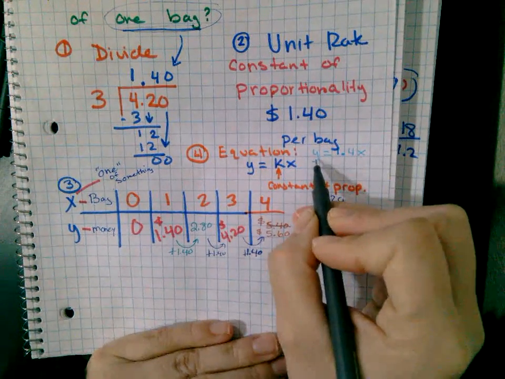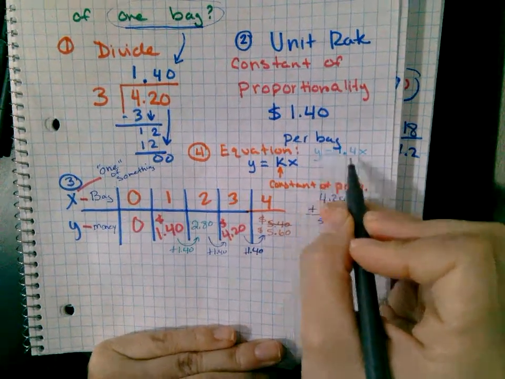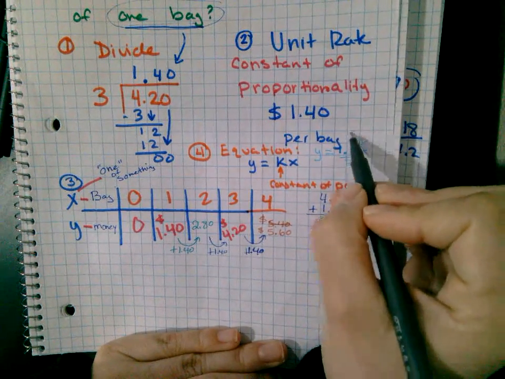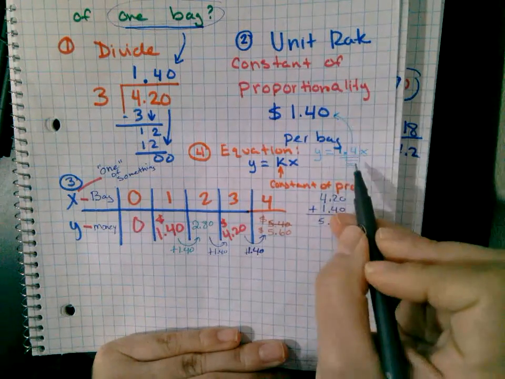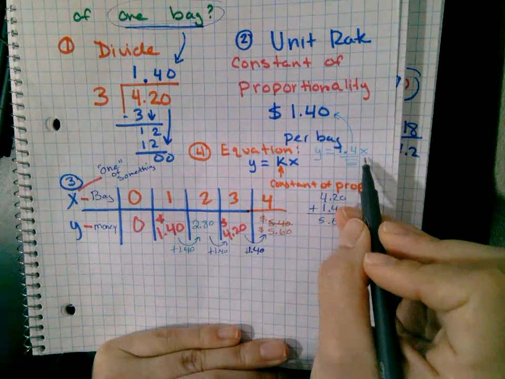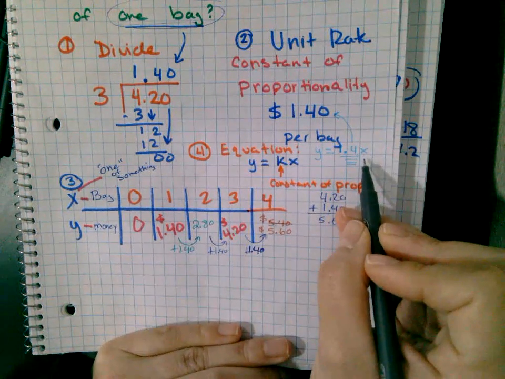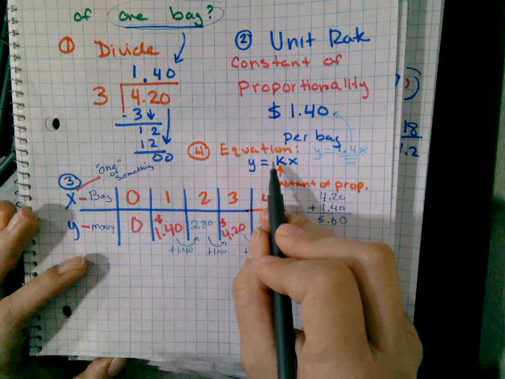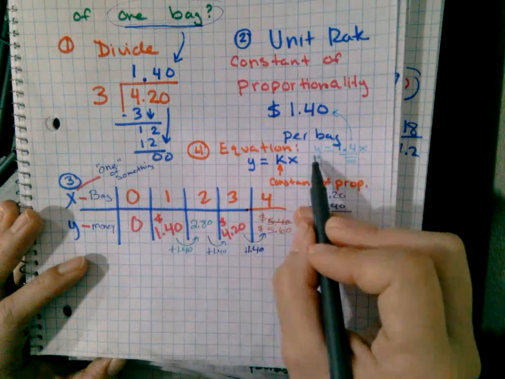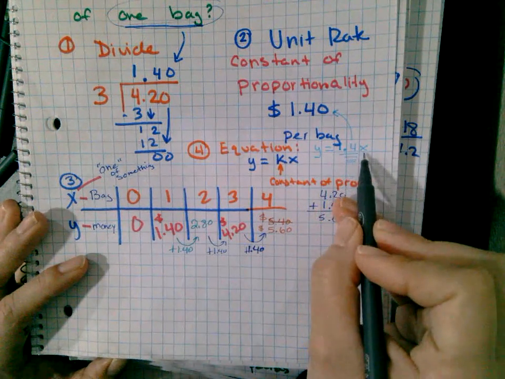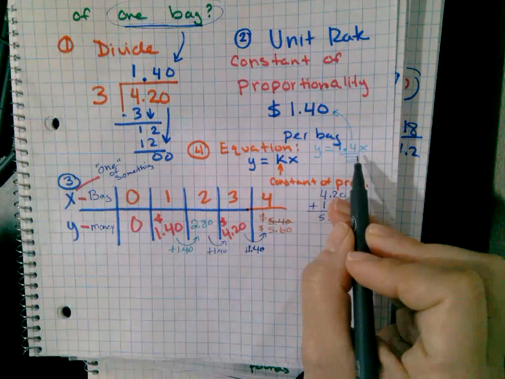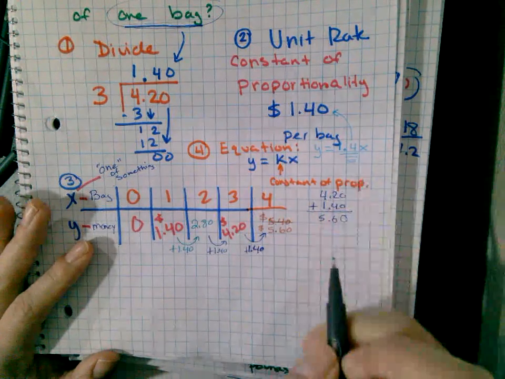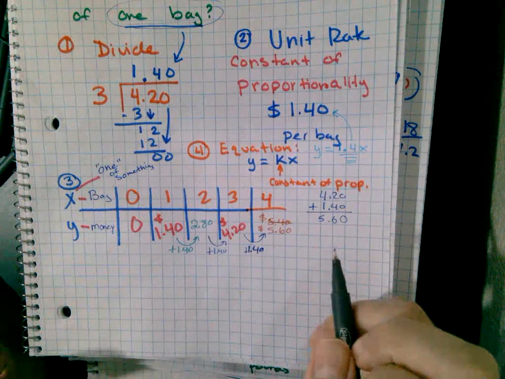The 1.4 is basically whatever you got as your constant of proportionality. The x stays exactly the same. It's just x for now. So when it's asking you to write an equation, all you have to do is go y equals 1.4x. That's it. That is it.